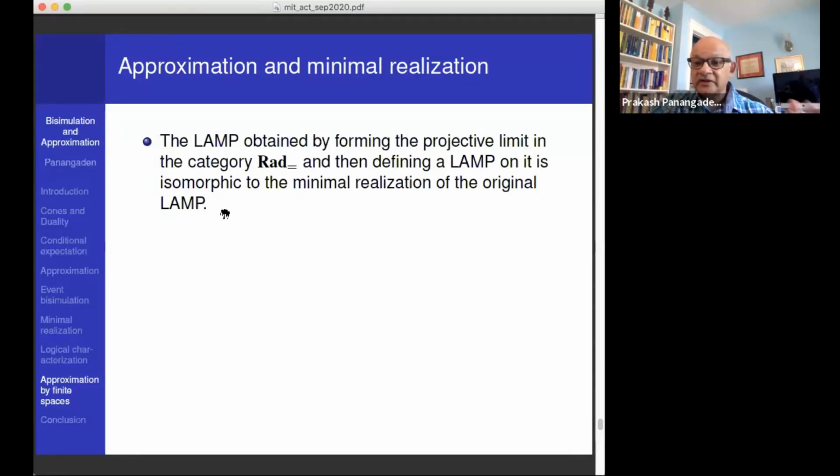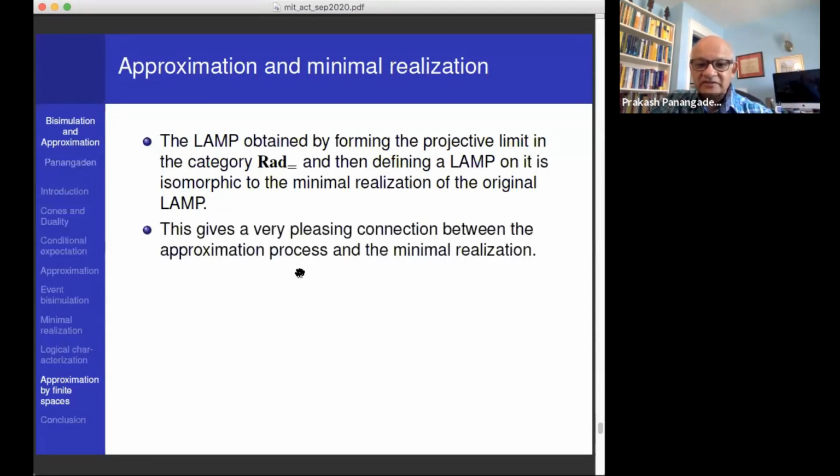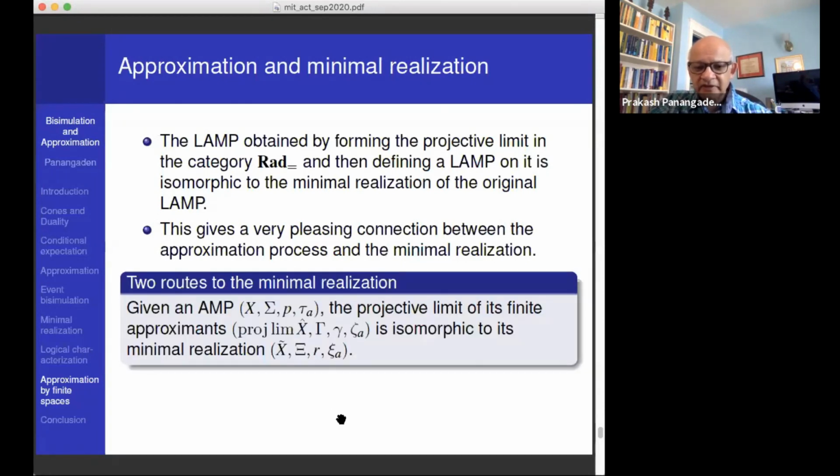So this is telling you that these finite approximants are actually converging to the original process that you wanted. And in some sense, you can get arbitrarily close just with the finite process. So this gives a nice connection between the approximation process and the minimal realization theory. Really, we have two routes to minimal realization. One is through this projective limit of its finite approximants, and the other, of course, is through the logic.